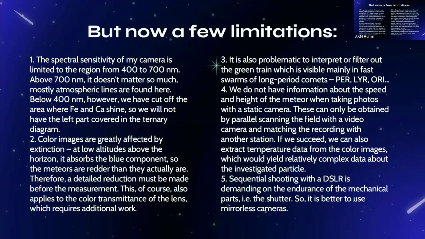This can only be obtained by parallel scanning the field with a video camera and matching the recording with another station. If we succeed, we can also extract temperature data from the color images, which would yield relatively complex data about the investigated particles.